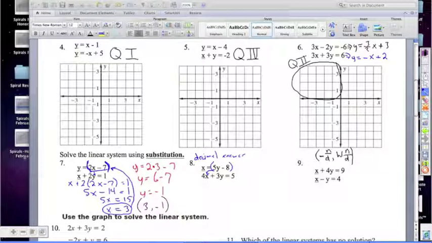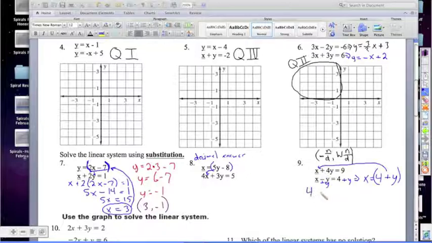Okay? If we move over to number 9, we don't know a variable right off hand. We don't have one solved for. So what I'm going to do is I'm going to add y over, and if I add y over, I now know that x equals 4 plus y. Therefore, all of this substitutes back in the equation for x.